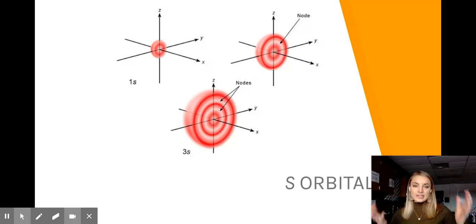Within this sphere, there are areas where the electrons are more likely to be found, and then there are areas where they will never be found. Those are called the nodes. So, not terribly complicated, pretty simple, found at all energy levels, and they can only contain 2 electrons max.